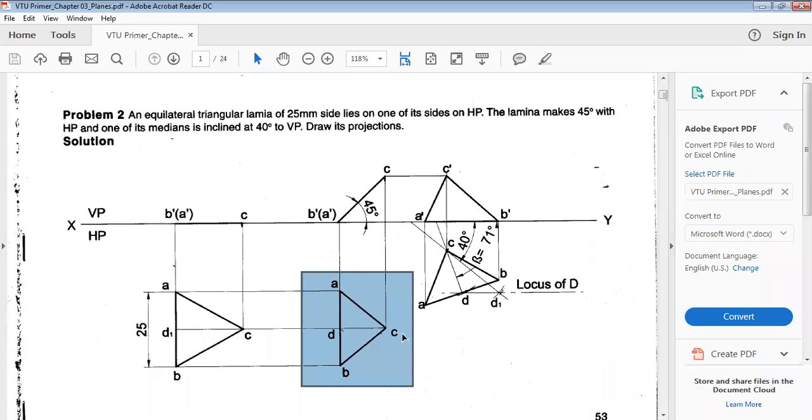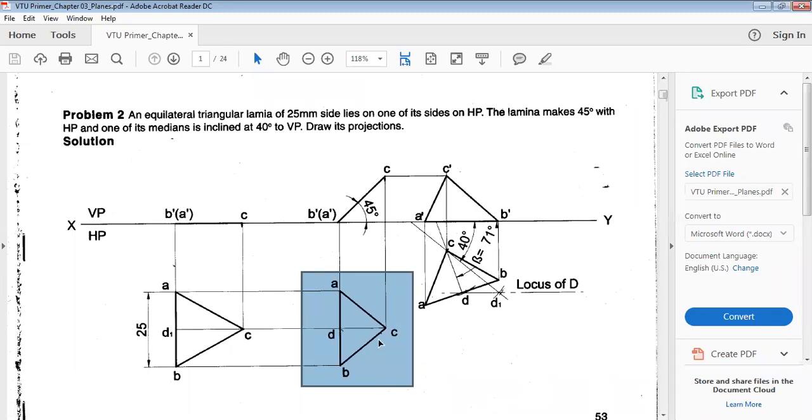So now I will name this median. For example, it started with A, B, C. I will name this median D1 rather than D. In fact, in a basic problem, we need not name this median. But here, since this median is placed, I will name this as D1.